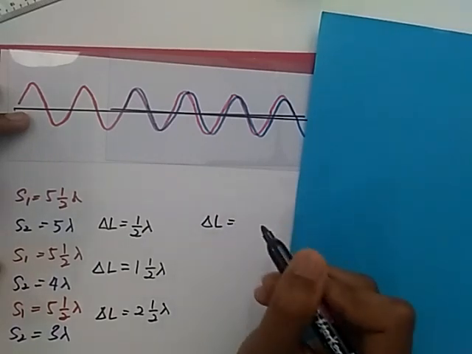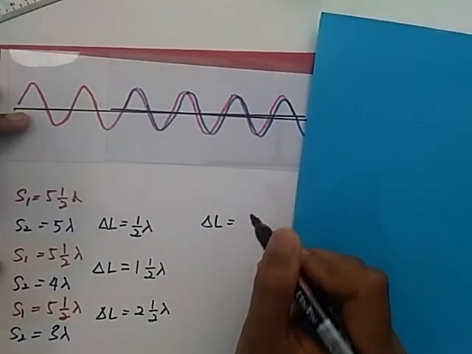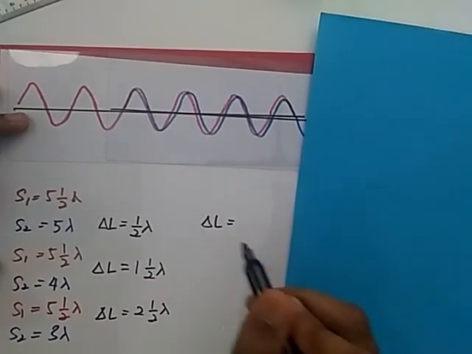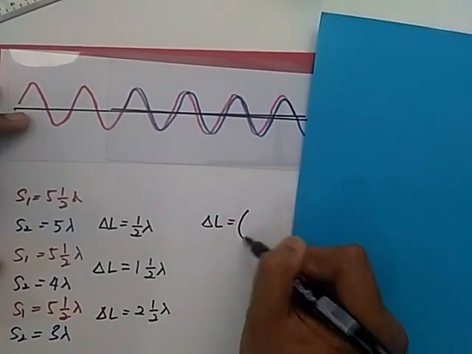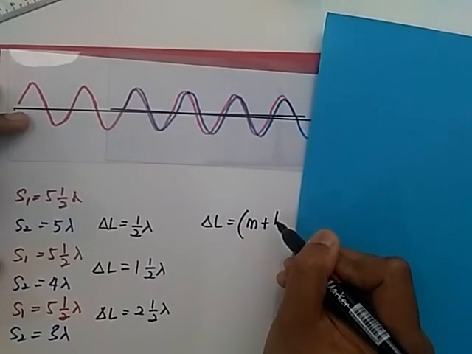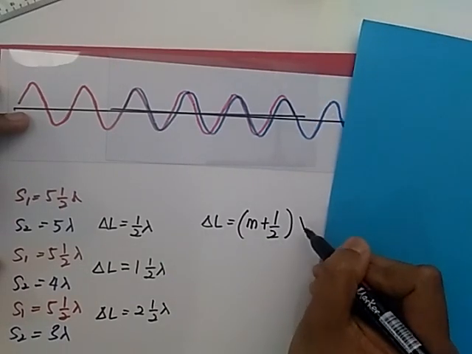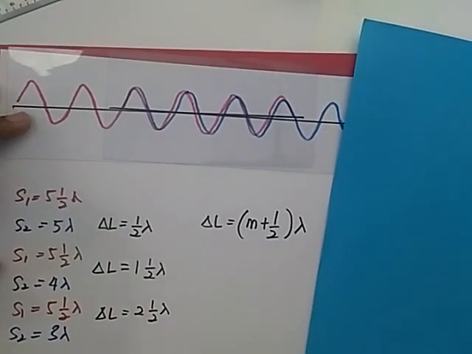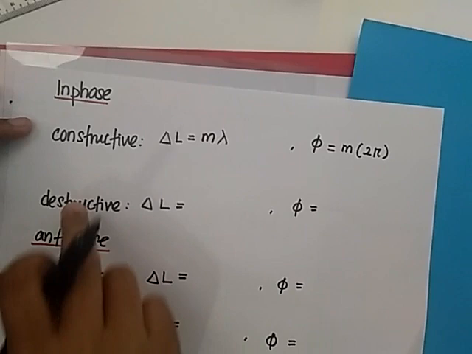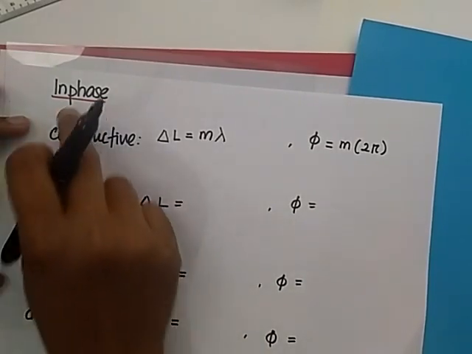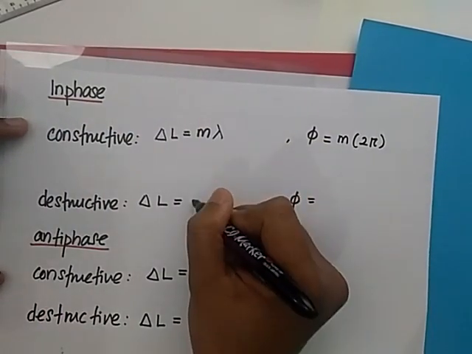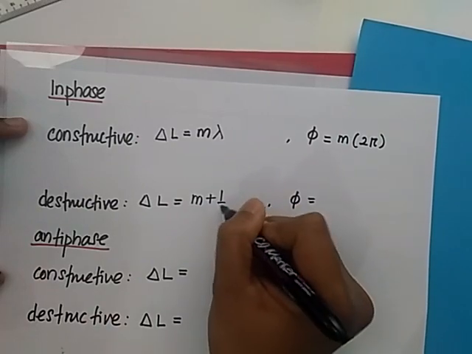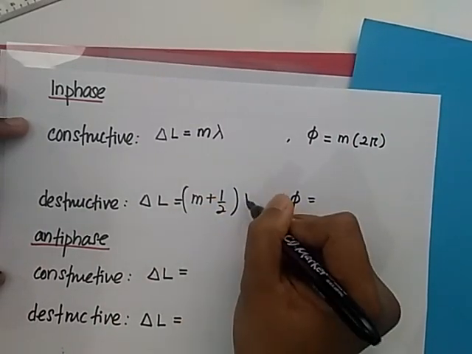So I can conclude that untuk destructive interference, if the two waves are in phase, delta L is equals to half lambda, 1.5 lambda, 2.5 lambda, 3.5 lambda, or m plus half lambda. So, saya boleh tulis pada saya punya table, the condition for destructive interference if the two sources are in phase is m plus half lambda.